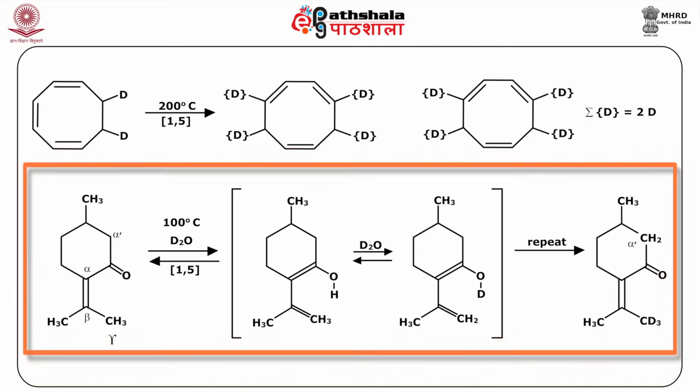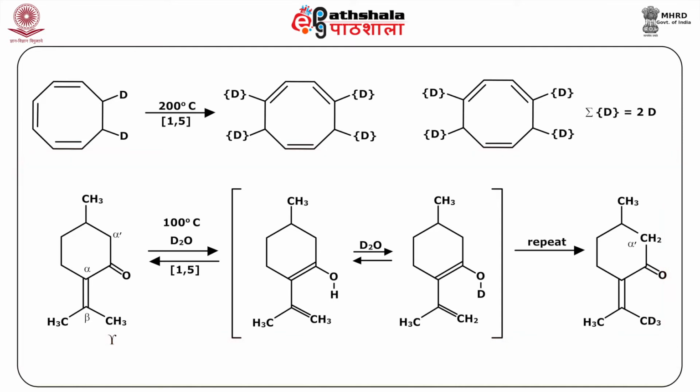Since hydrogens alpha to a carbonyl group are known to undergo acid or base catalyzed exchange by way of enol intermediates, we might expect the alpha CH2 group to exchange as well. However, if care is taken to remove potential acid or base catalyst, the thermal 1,3 shift necessary for the exchange is found to be very slow.